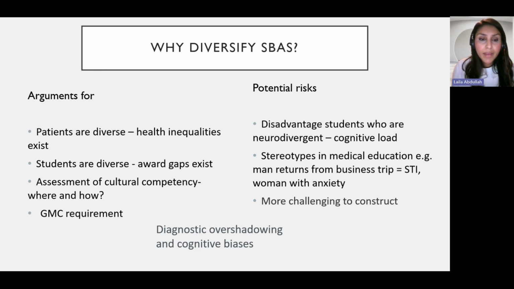And as I mentioned, there is a risk of diagnostic overshadowing. So considering that where a patient has a condition and that information is included, their presentation is attributed to that condition when it could be something else. And the cognitive biases are really something to be aware of.